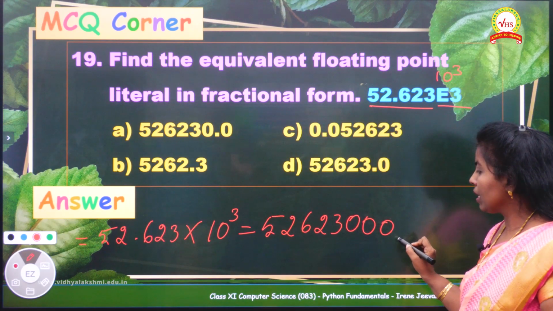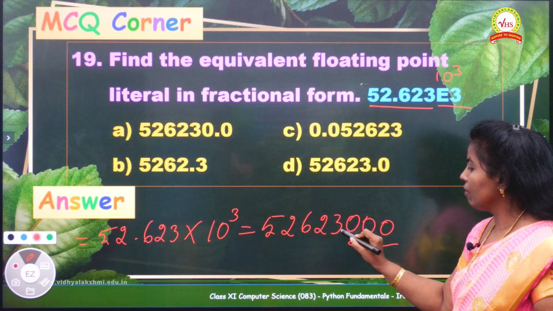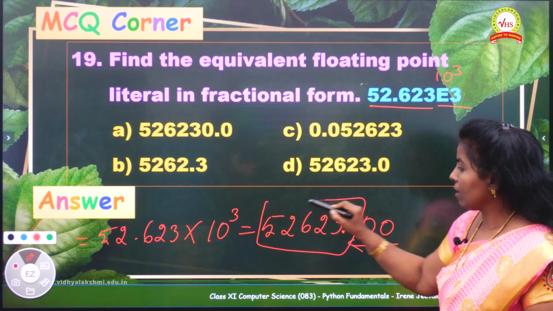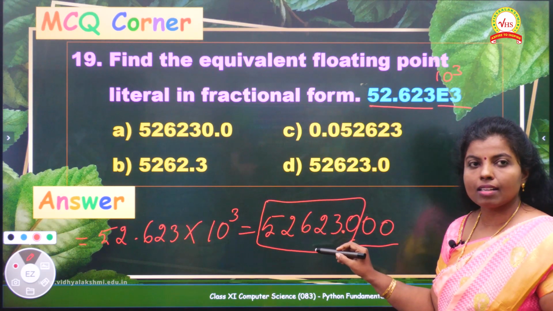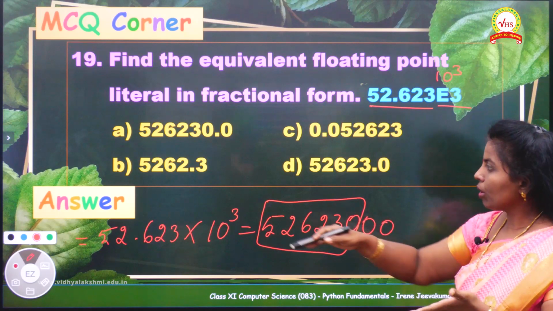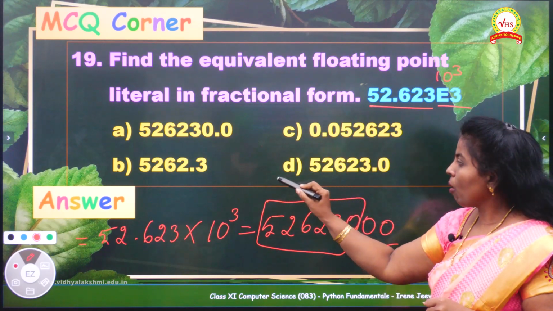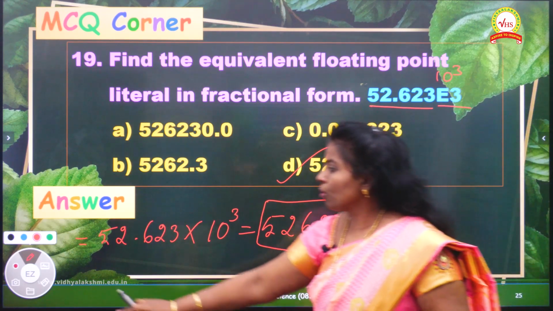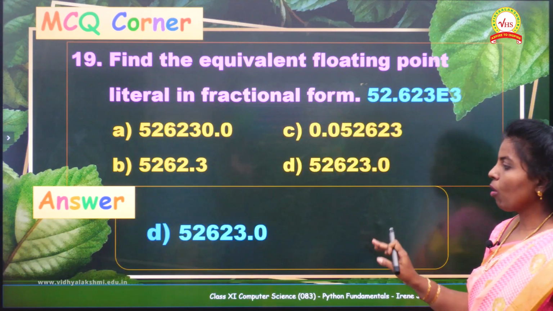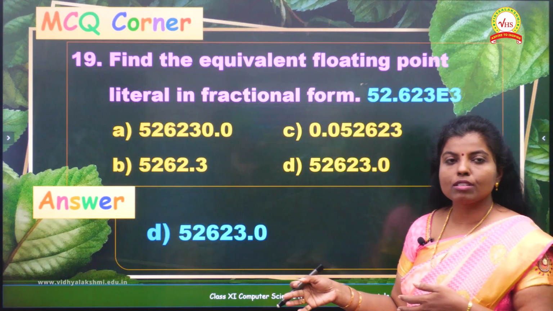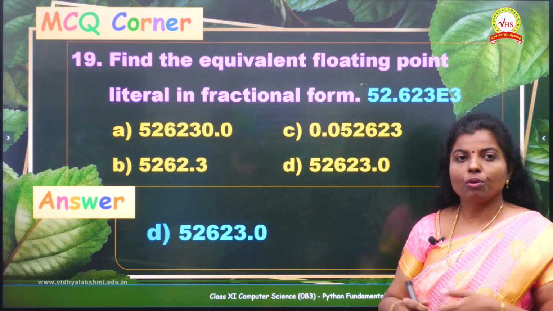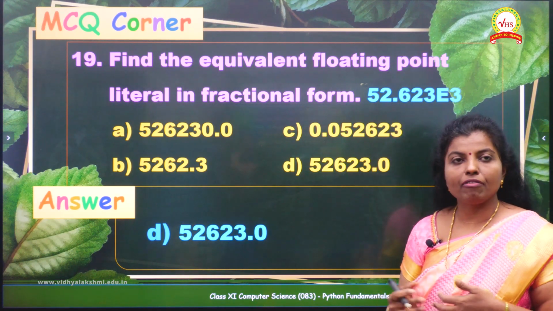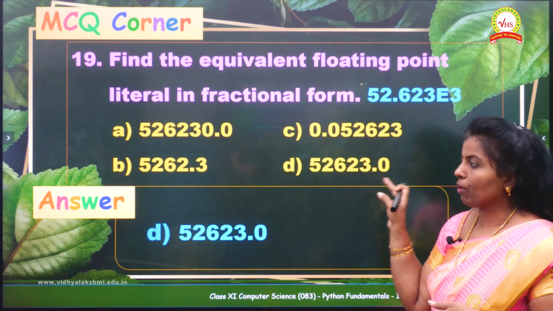So let us also keep the decimal point before 3 digits from the right-hand side. So the number can be 52,623.0. According to the given options, option D gets the correct form that we have calculated. So our answer is going to be option D, 52,623.0. This is how we find the equivalent floating point numbers in fractional form or in exponent form.